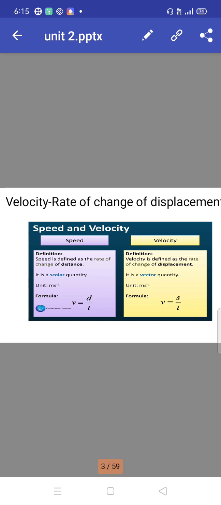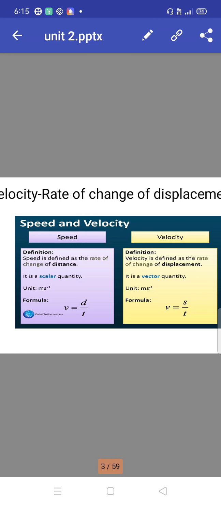Velocity is distance covered in a particular time. The unit is meter per second. That is the unit for velocity.